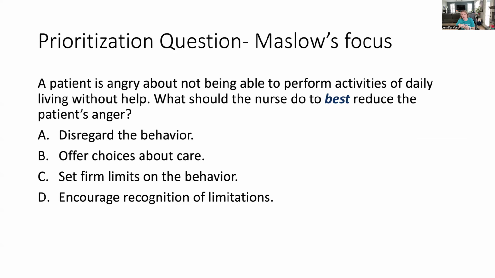Well, I can offer choices about care, because those other things are more limiting. So we're looking for the things that promote, oh my gosh, I just forgot the word for it. One of our main four words: nonmaleficence, beneficence, autonomy. Holy moly, there we go. The things that promote autonomy for our patient.